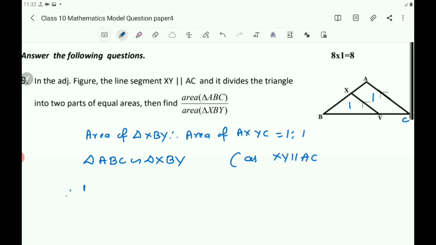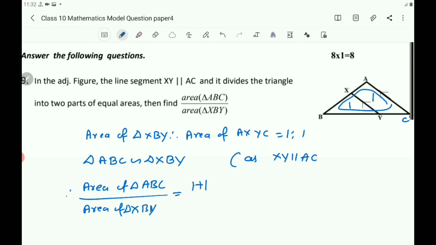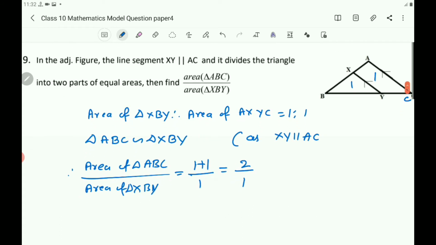Therefore you take the ratio area of triangle ABC by area of triangle XBY equals, area of triangle ABC means you can get 1 plus 1. The sum of these two areas, you will get the area of the triangle ABC. 1 plus 1 by 1, that equals what? 2 by 1. So you got the ratio 2:1, 2 by 1.